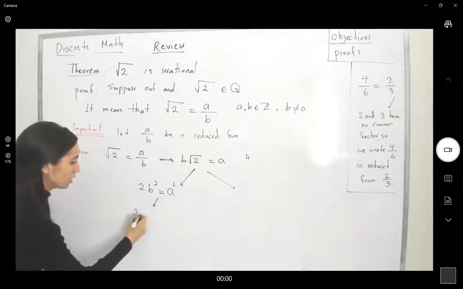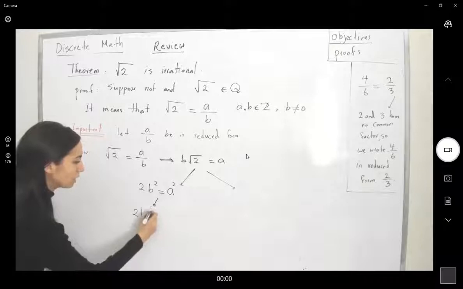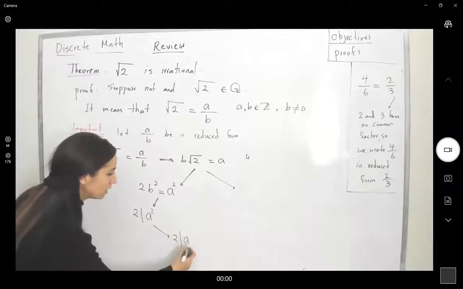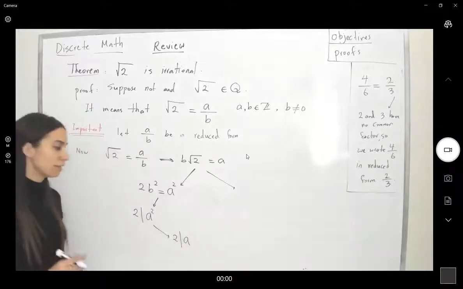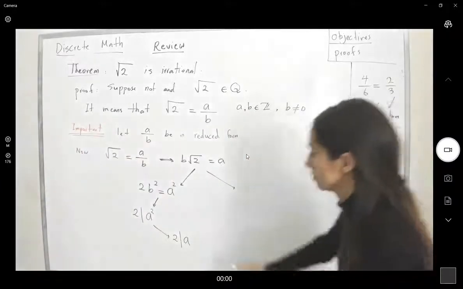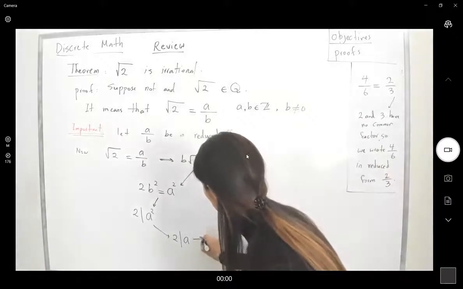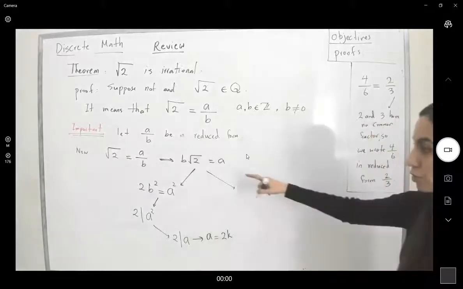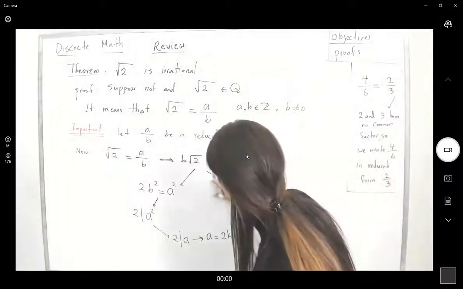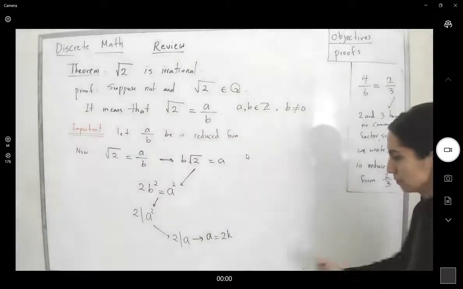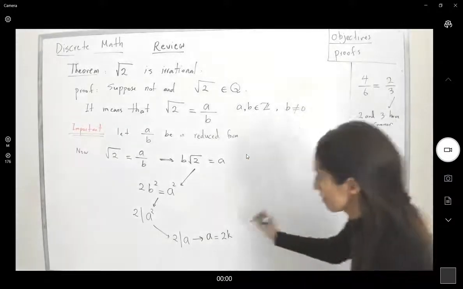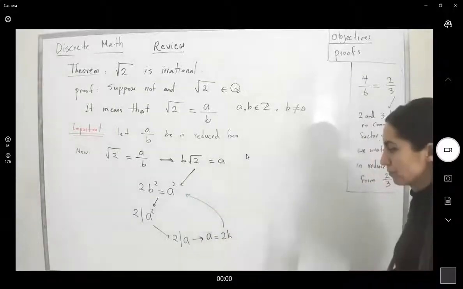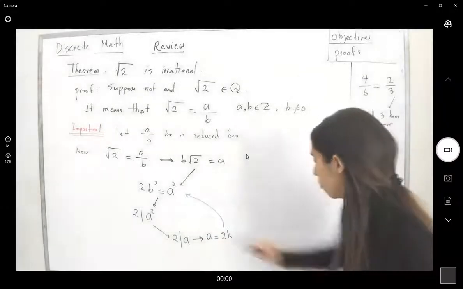It means that 2 is a factor of a. It means that a is even. So a is equal to 2k. I'm going to go back up here and substitute this over there.